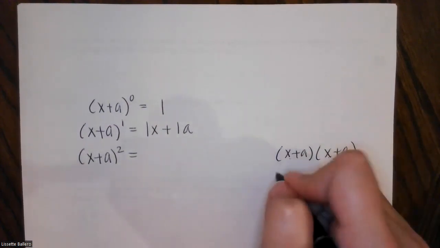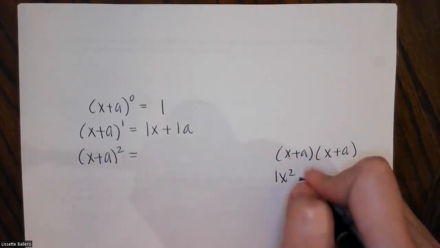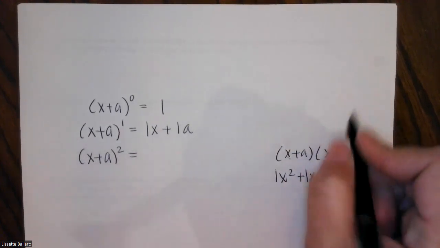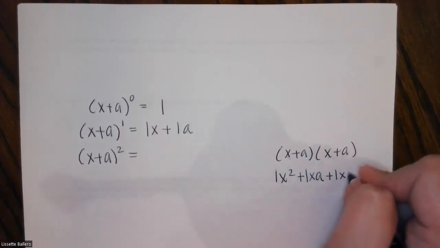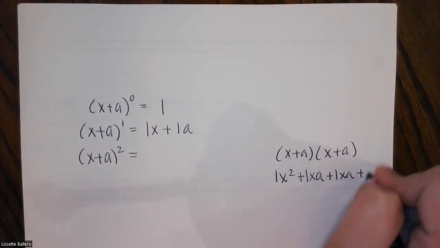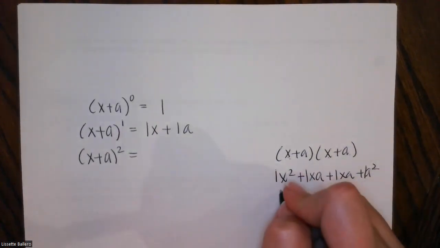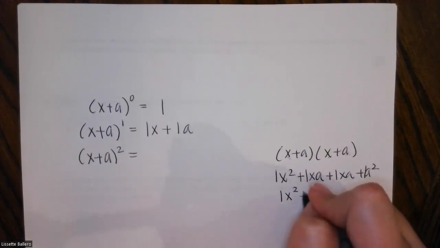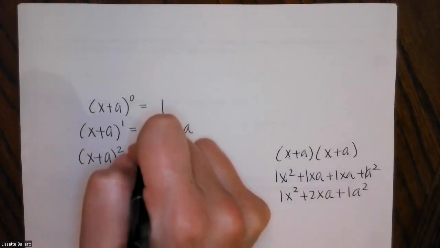X times x gives us 1x squared. X times a gives me 1xa. A times x gives me 1xa, and a times a gives me 1a squared. I combine my like terms and I get 1x squared plus 2xa plus 1a squared.